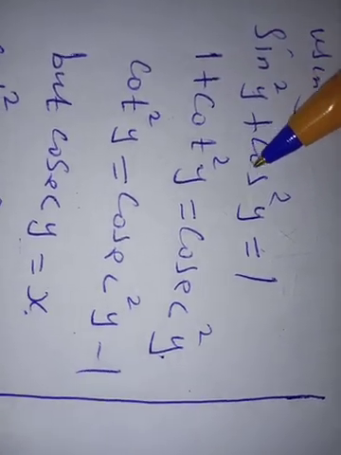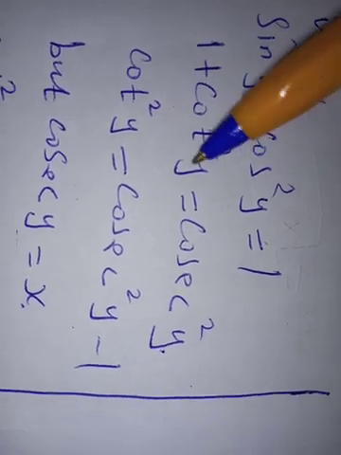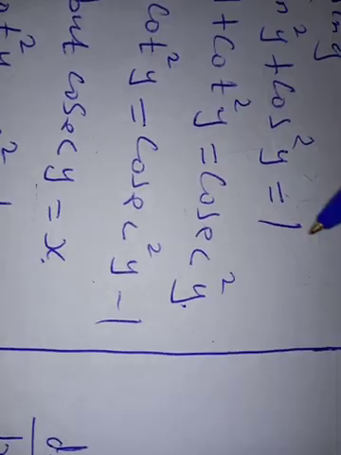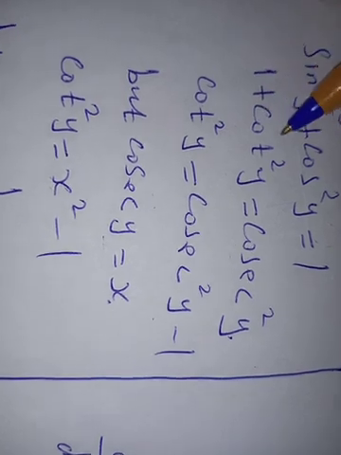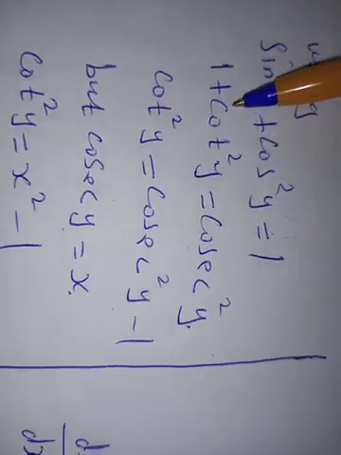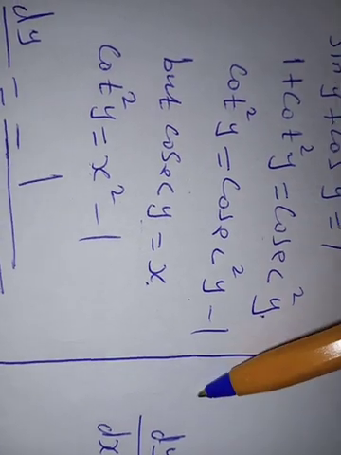Cos y squared divided by sin y squared is cot y squared, which is equal to cosec y squared, because it is 1 over sin y squared. You take 1 to the other side, so on the left hand side you will be left with cot y squared, which is equal to cosec y squared minus 1.